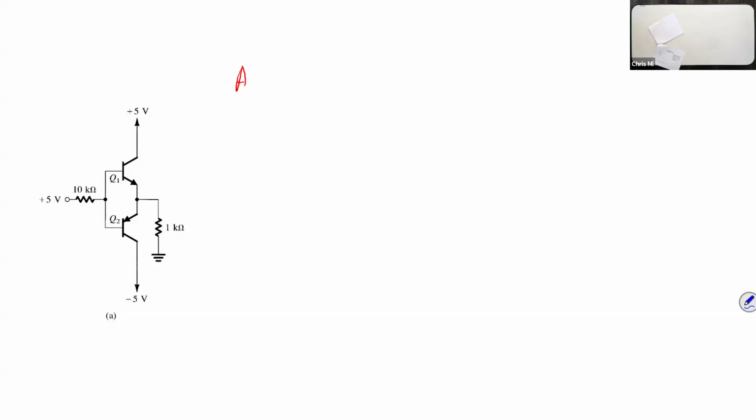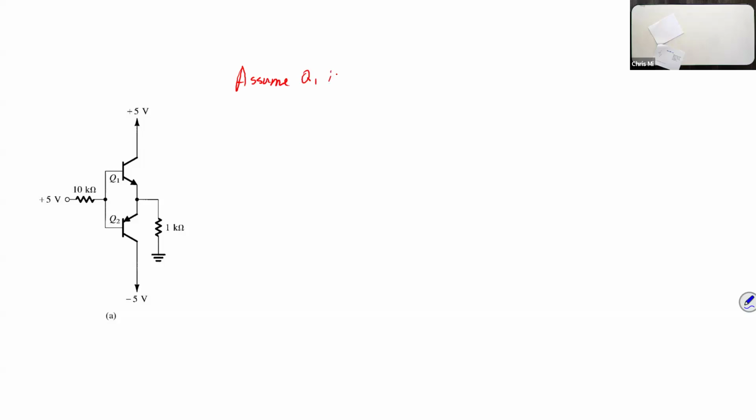Because Q1 is on top, it's natural. A lot of people would start by assuming Q1 is on and see what happens. So we're going to assume Q1 and solve the problem. Then we're also going to assume Q2 is on and solve the problem again. We'll see where we made the mistake.